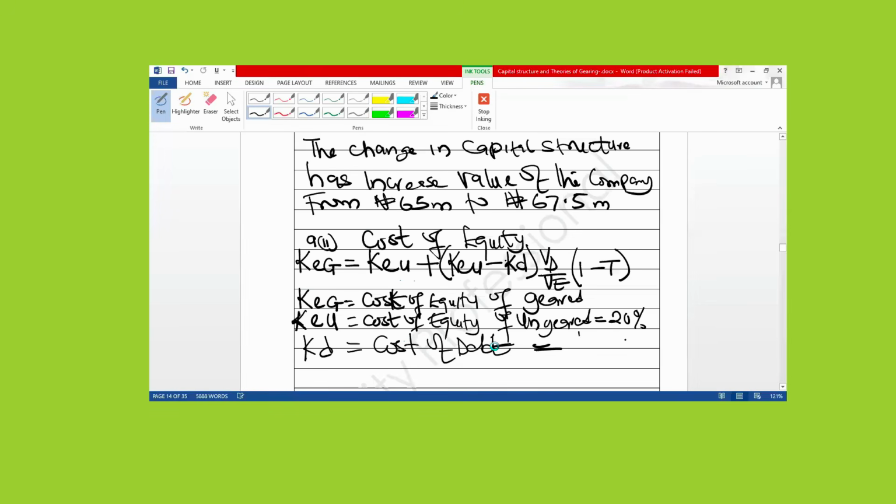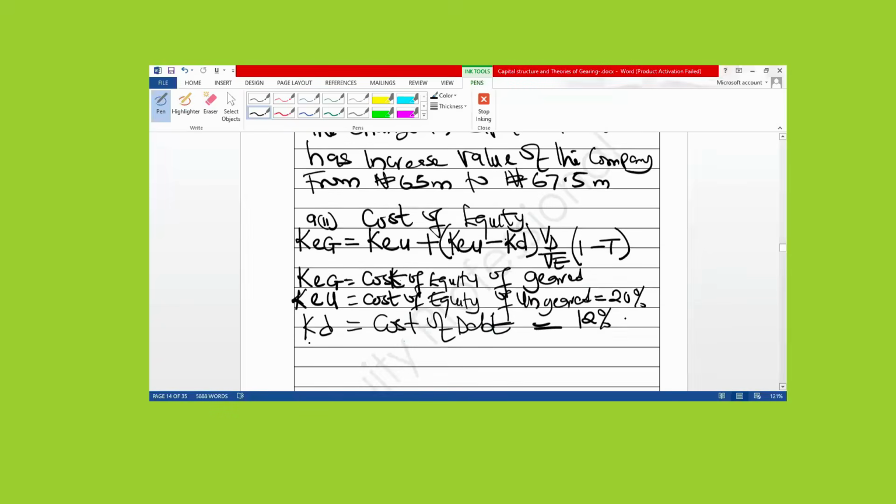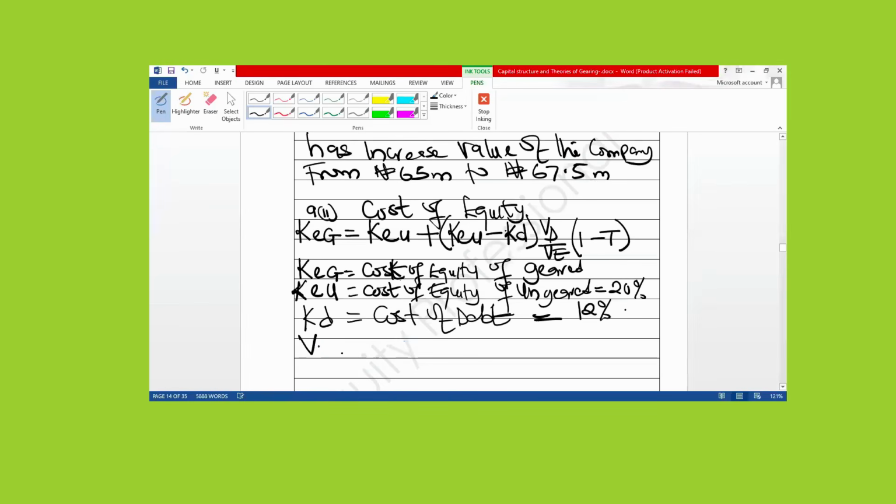Examiner say 12%. VD, value of debt, 10 million.